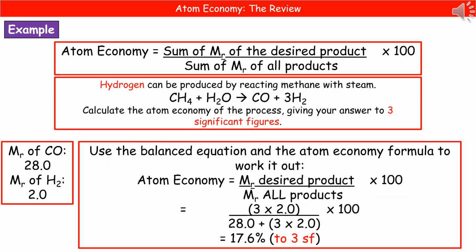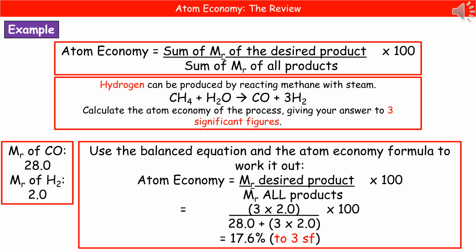The next step is to use our balanced equation and the atom economy formula to work out the overall atom economy. So if you remember, it's the relative formula mass of our desired product divided by the relative formula mass of all products times by 100. So our desired product is hydrogen, and we've just worked out that one hydrogen molecule has a mass of 2.0, but there are 3 of them from the balanced equation.